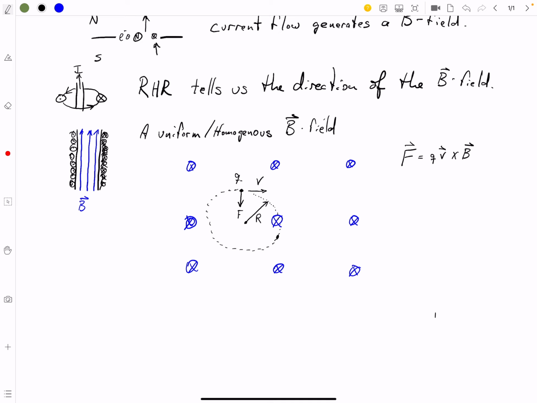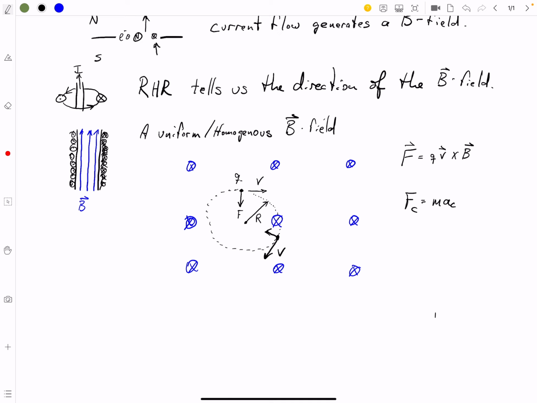No matter where we're at on this circle, our V is going to keep us going, and our force is going to keep us going inward. So our force is actually a centripetal force. So we could say it equals MAC.